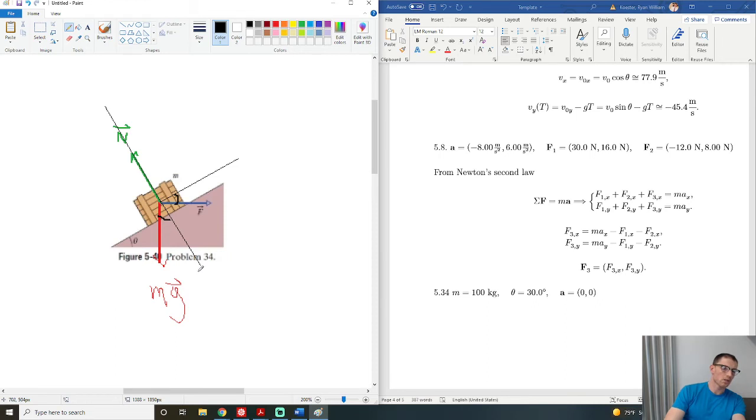So the negative y-axis here is perpendicular to the surface of the ramp, and the gravitational force is perpendicular to the ground, which means it's perpendicular to this other axis that defines theta. And so this is theta. Mutually perpendicular axes mean the angles are the same. It's just a geometry thing that I know people probably haven't thought about or used in a long time, but it is important.